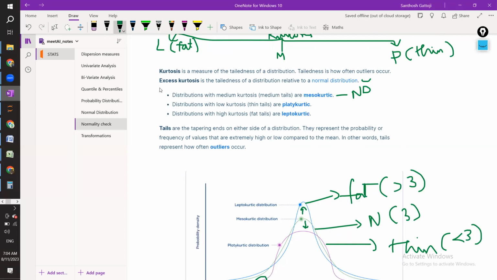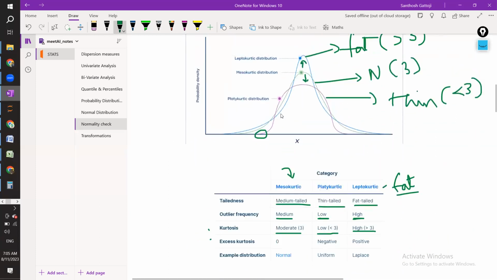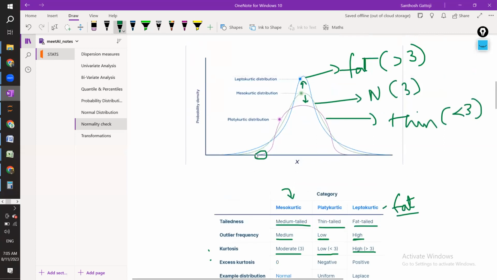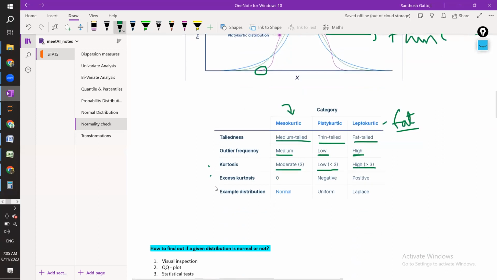So we invented a new type of kurtosis just to see its relative tailness with respect to the normal distribution, because our aim is to see how much we are deviating from it. Actual kurtosis is without any reference, the actual tail and head proportion, but excess kurtosis is with respect to the normal distribution.